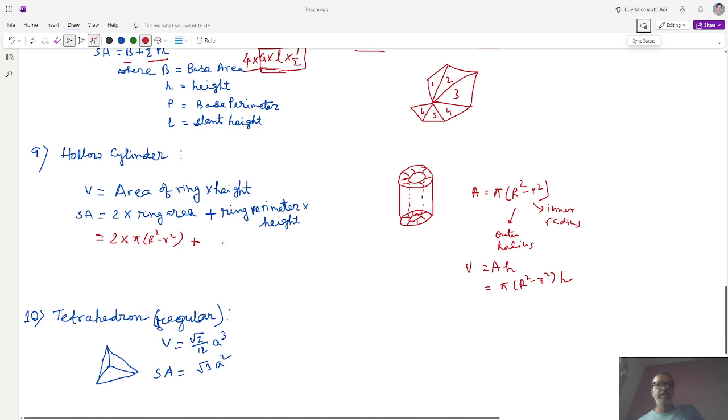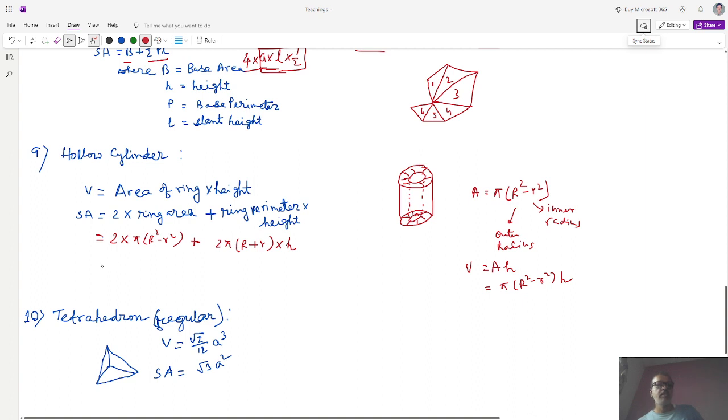We know that 2π(R + r) is the ring perimeter, and if we multiply this term with h, then we will get the curved surface area.